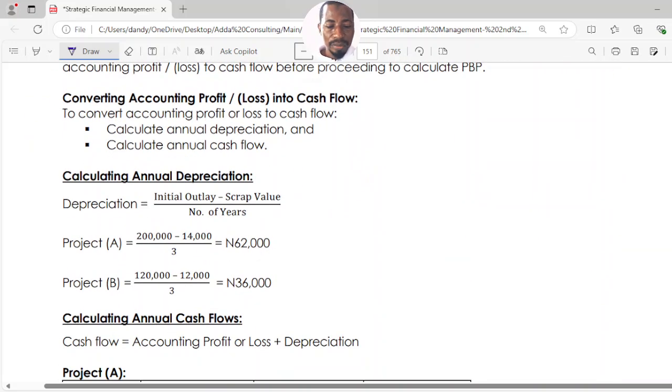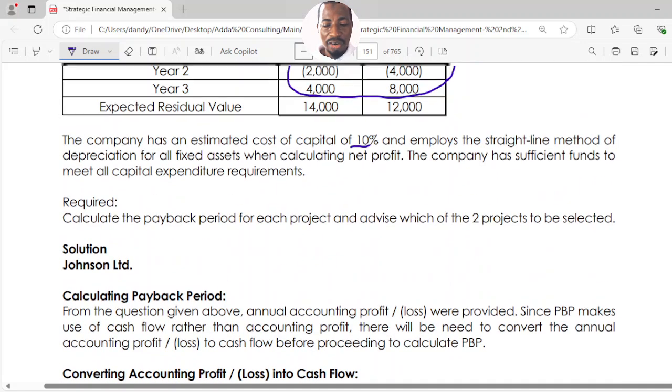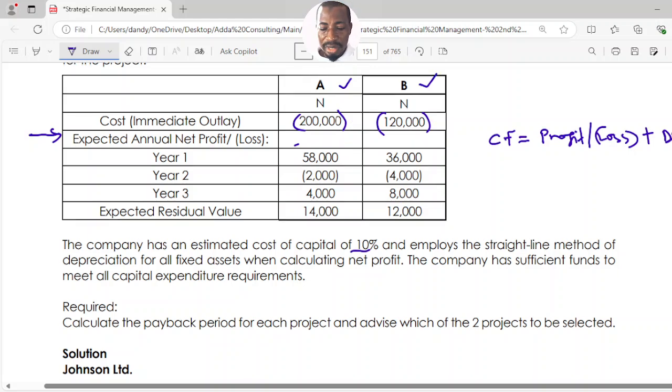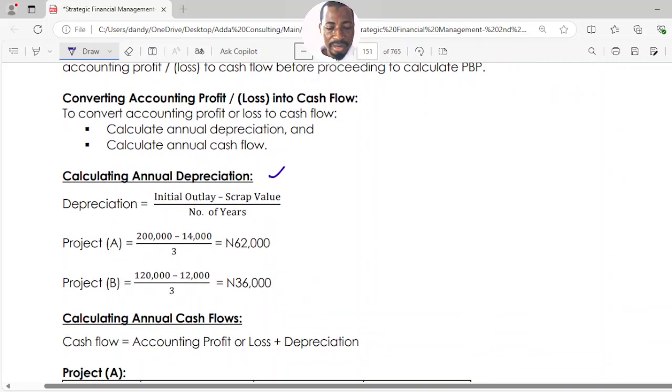All right. Annual depreciation is computed as initial cost of the project minus scrap value divided by the useful life of the project. So in this question, initial outlay of project A is 200,000 naira. Initial outlay of project B is 120,000 naira. So let's go ahead.